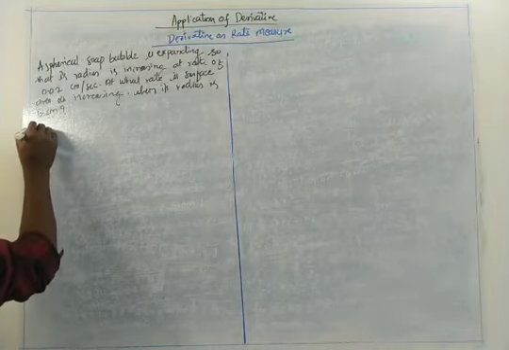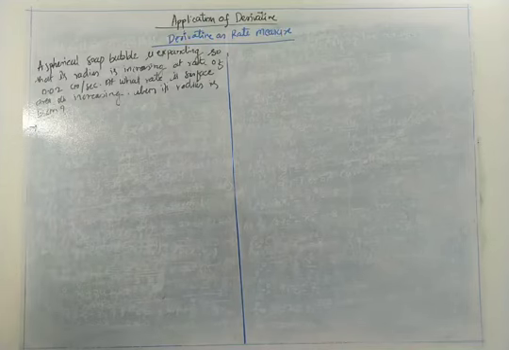First thing, it is a spherical soap bubble, so it has a radius.